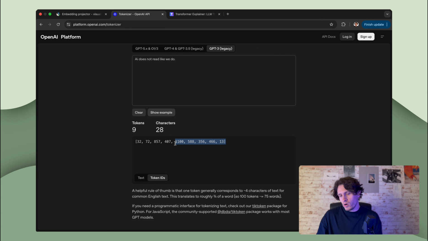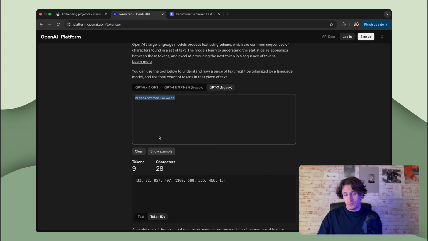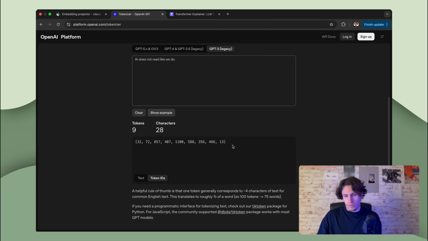So the model just uses these numerical representations to identify the exact token in its big vocabulary. So now this sentence has become a sequence of numbers, a sequence of token IDs.